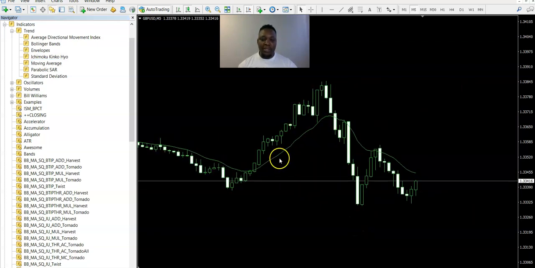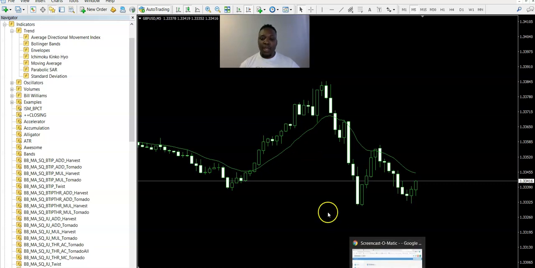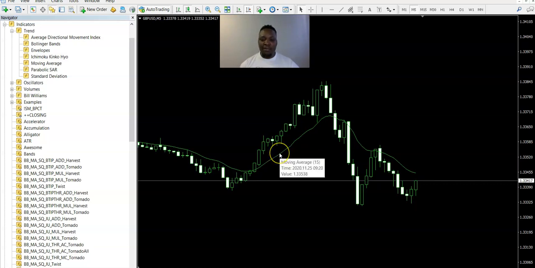What do I mean by that? So this represents the 15-minute time frame. Okay, yes, you're on 5, but now already 5 times 3 is 15. So no wonder why now we've got a moving average here that is actually going to represent the 15-minute chart on 5.